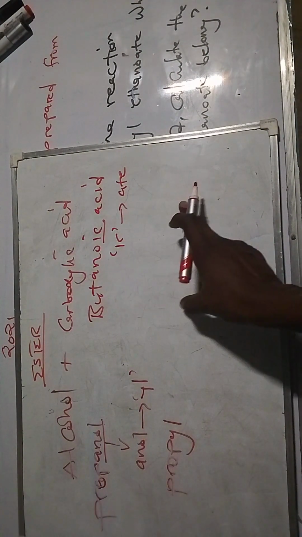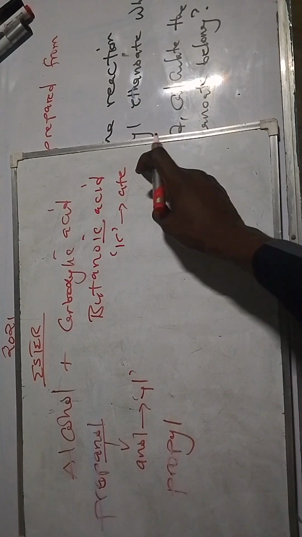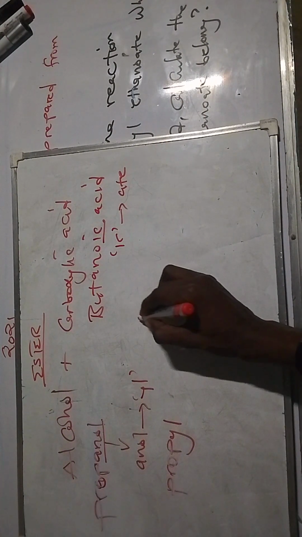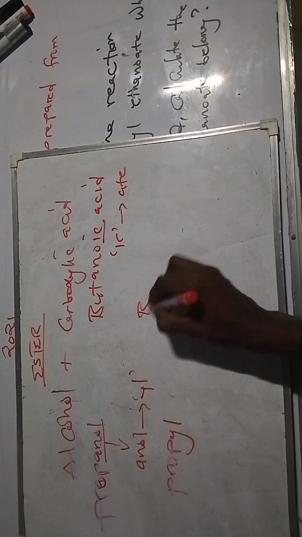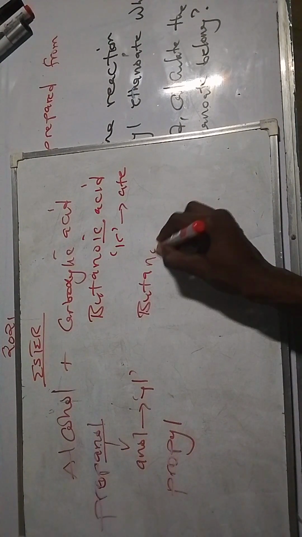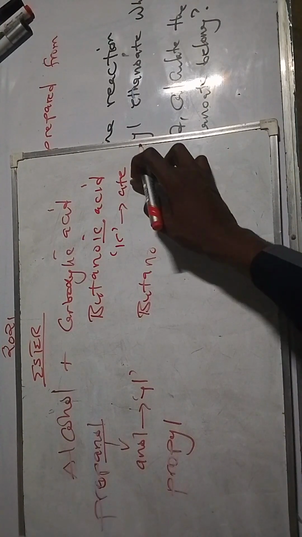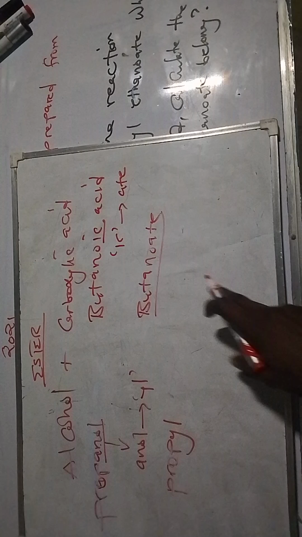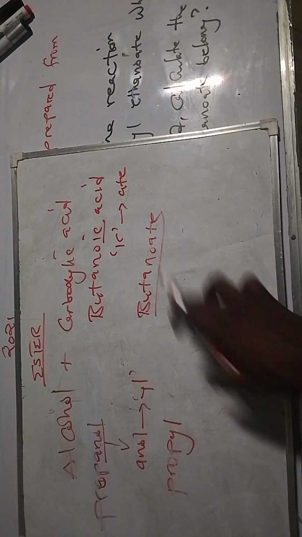So -ic will be removed and we add -ate. Therefore, the prefix part will be maintained. So it will be buta, then butano, then we add -ate. So this is called now butanoate.